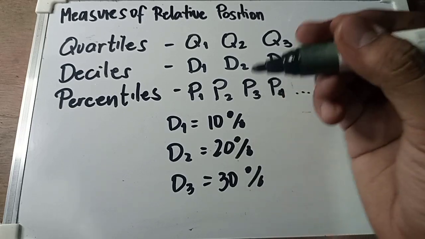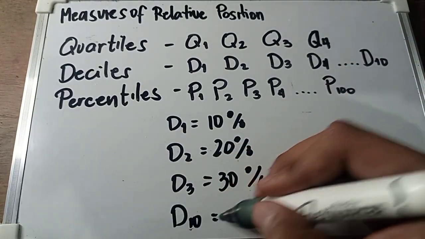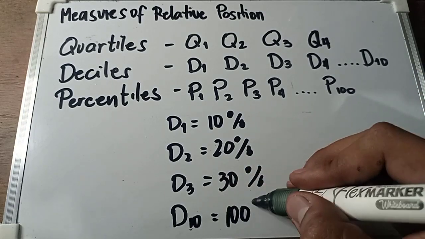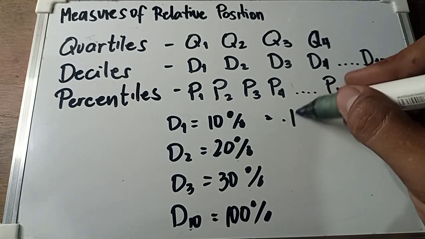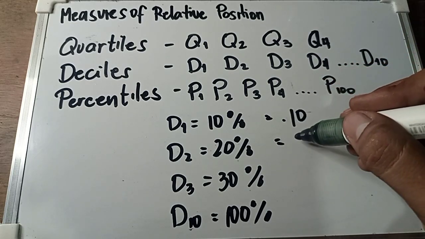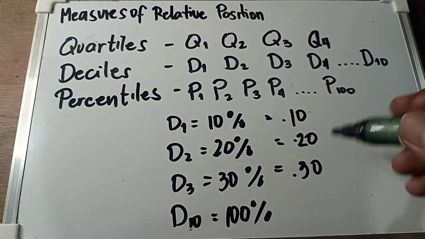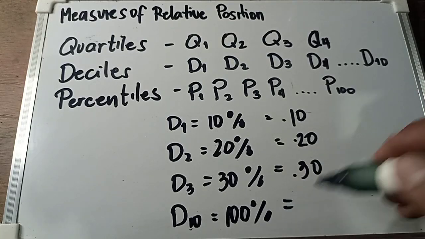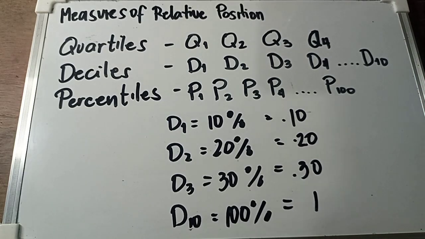So, hanggang umabot ng D10. So, D10 mo ay 100%. So, this is equivalent to 0.10, 0.20, 0.30, and 1. Okay? So, yun po si decile.